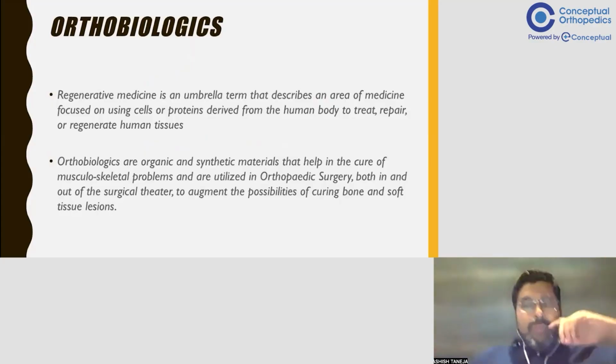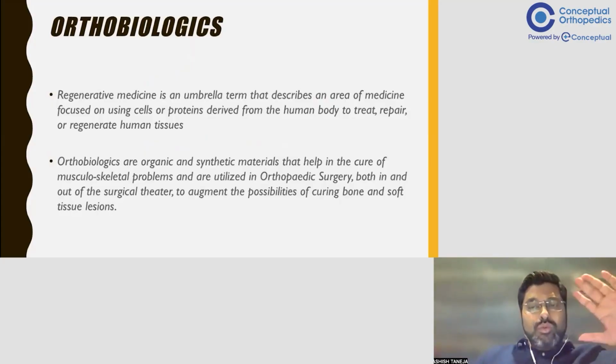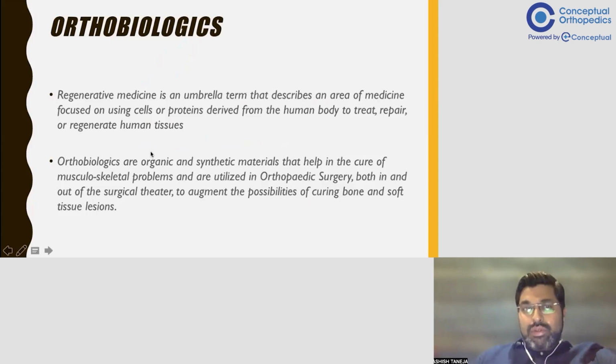So, let's start. First of all, this is the new branch of orthopedics called regenerative medicine. This is an umbrella term that describes an area of medicine focused on using cells or proteins derived from the human body to treat, repair, and regenerate human tissues.